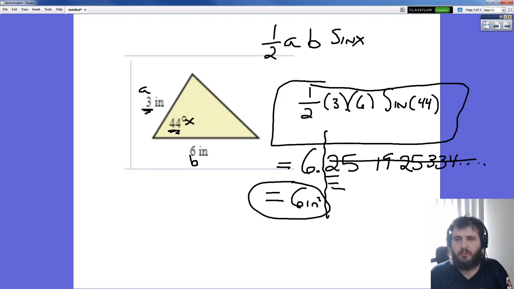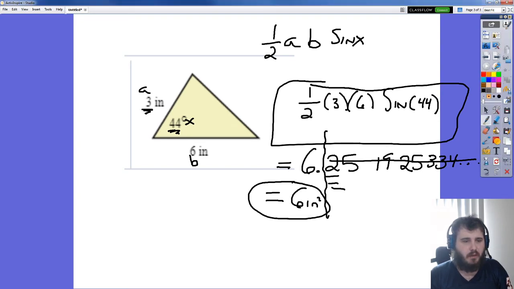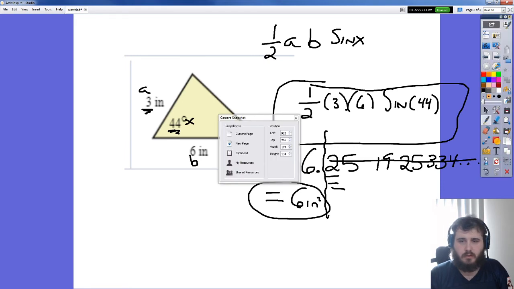You'll notice for the answer blank, let me cut a picture here so y'all can see what I'm talking about.